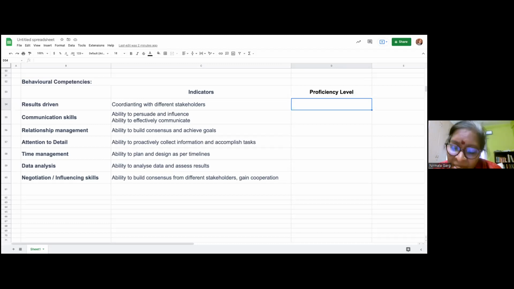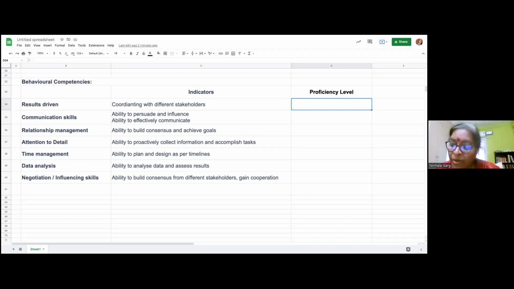Okay, fine, give me a situation, a critical incident wherein you had to negotiate and use your influencing skill to bring in consensus from different stakeholders or maybe from different vendors to take a decision. Now he will give you one critical incident. The top performer will give you one critical incident. The average guy will give you one critical incident.